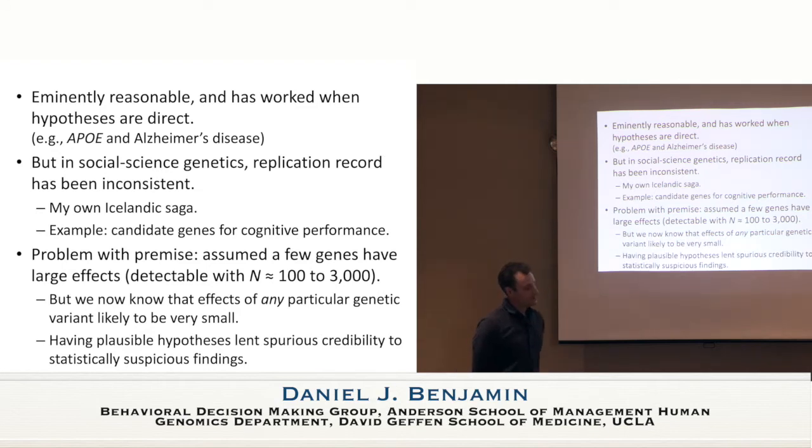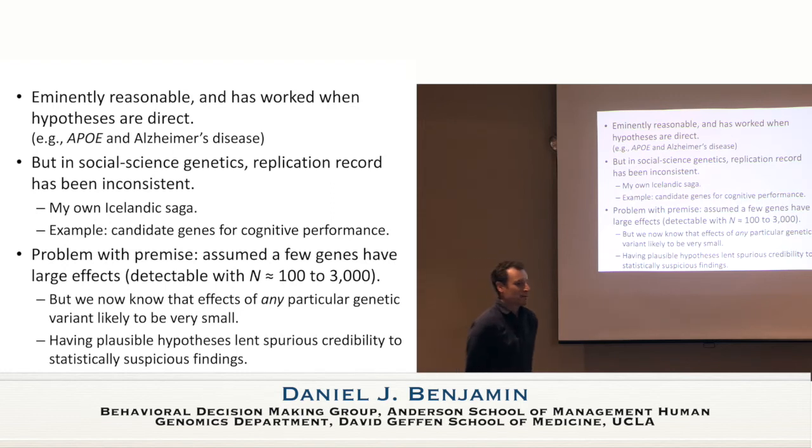One thing that added to the credibility of the candidate gene studies were these hypotheses that seemed reasonable. But the problem is, in retrospect, when you think about it, the idea that a dopamine-related gene should be related to risk-taking is a pretty weak hypothesis, given that there's all sorts of other genes that are involved in brains and how the brain operates that you might also have hypothesized were going to be involved.